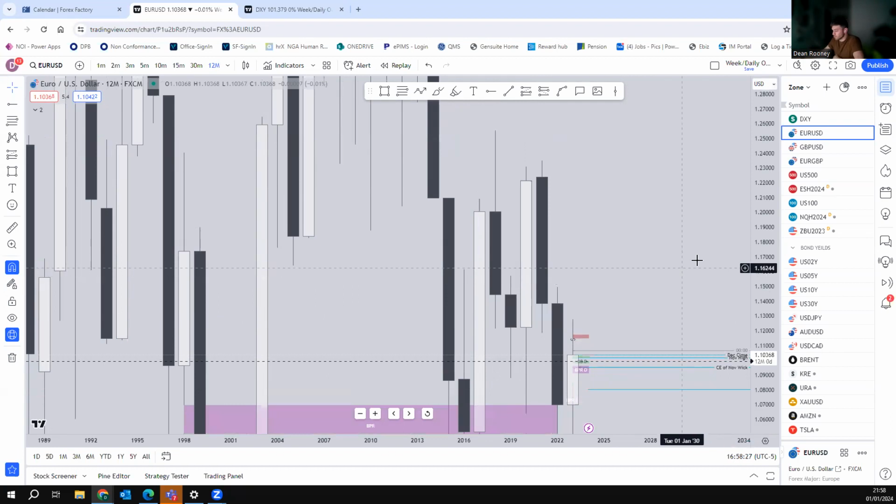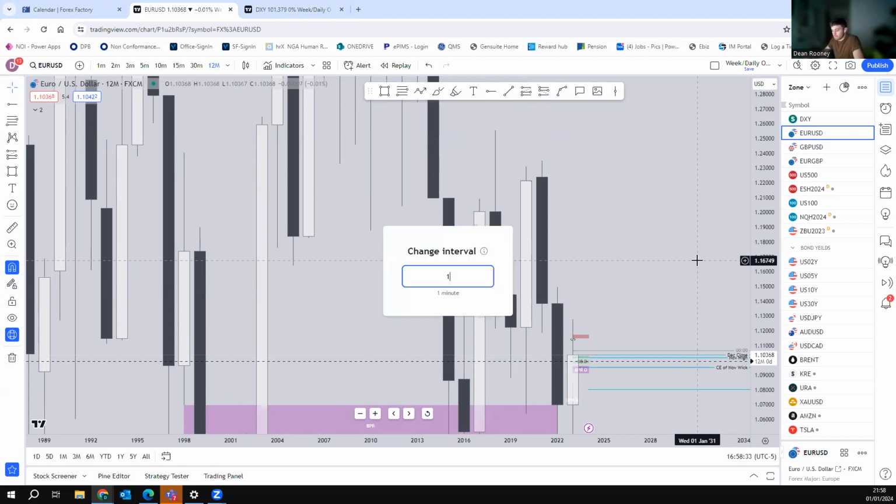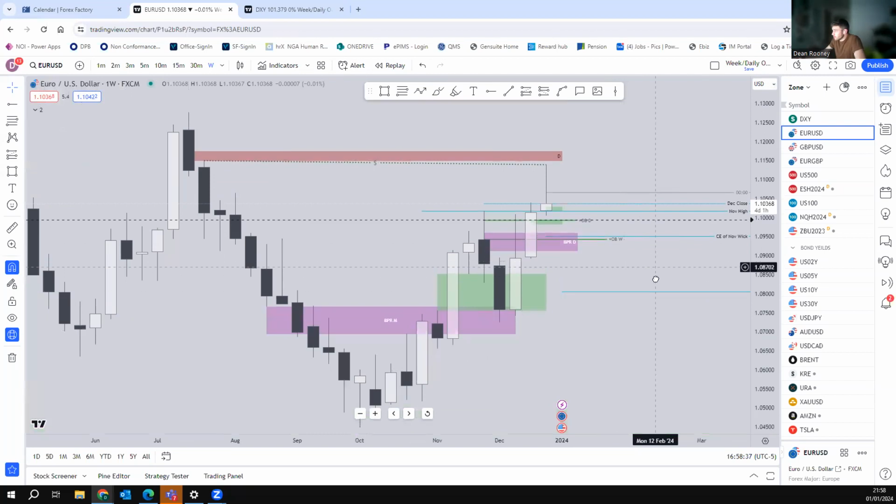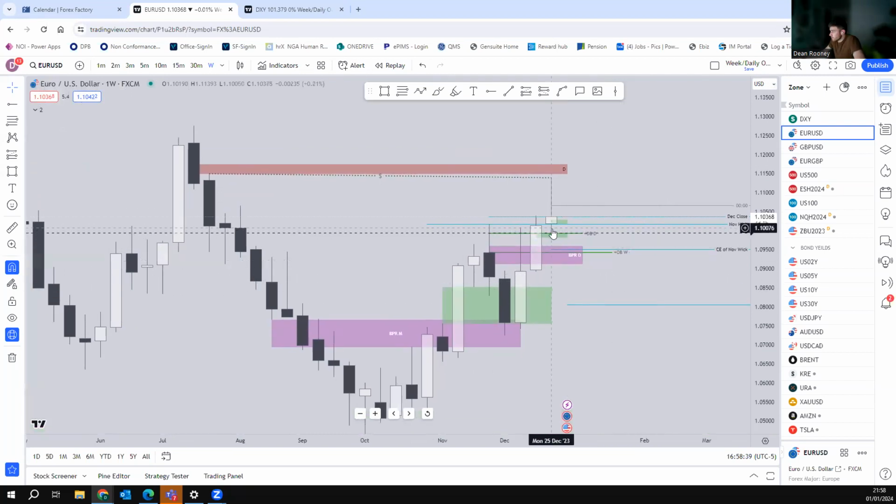That's because I'm looking at the lower time frames. I'm not really seeing anything that the market would want to reach for. Let's just say this month, December.